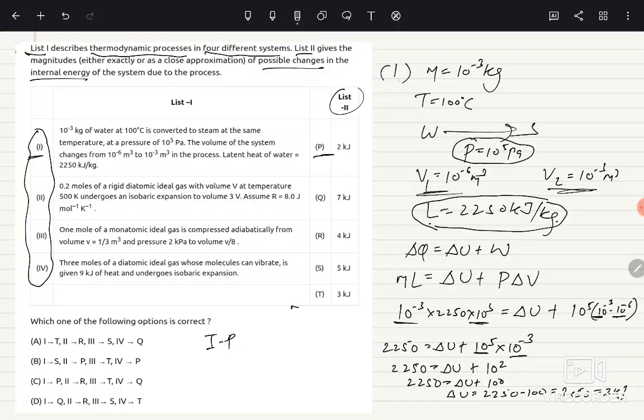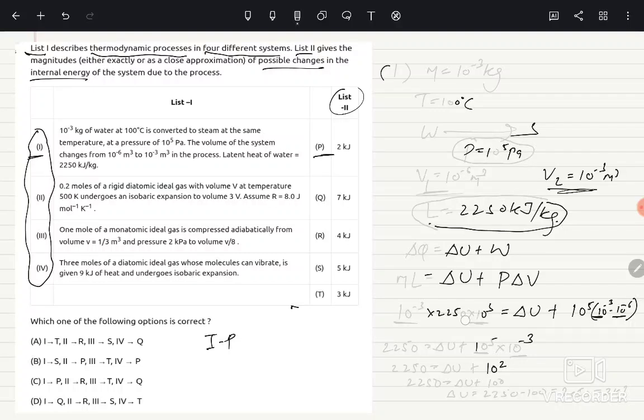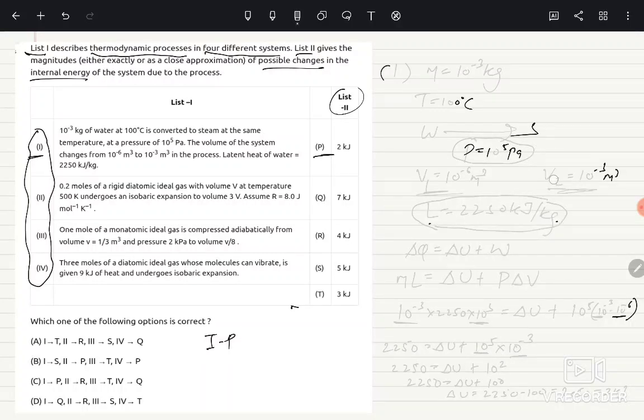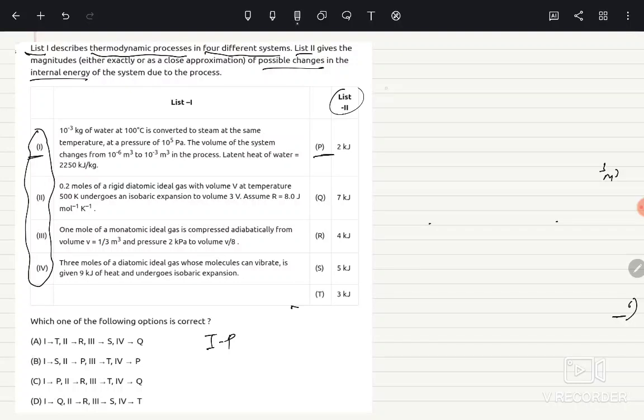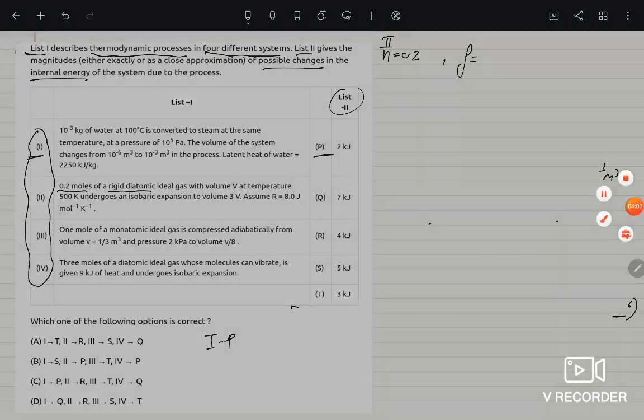Now we'll calculate the next process. We have calculated the first one. In the second we are given 0.2 moles of a rigid diatomic ideal gas. A rigid diatomic molecule has degree of freedom 5.